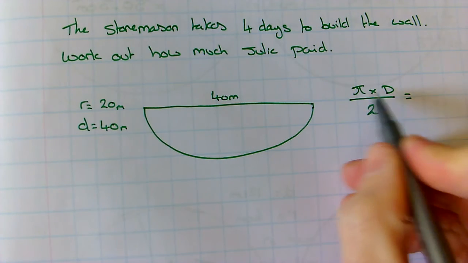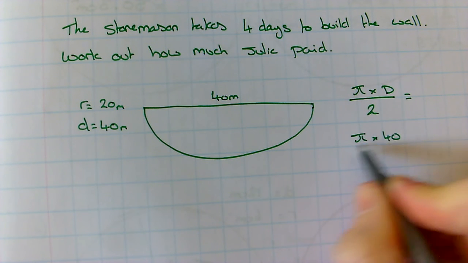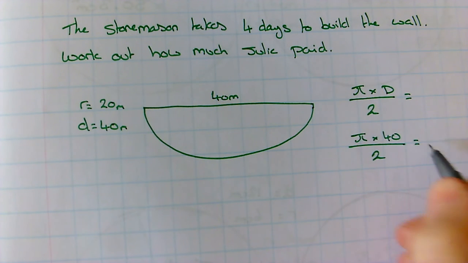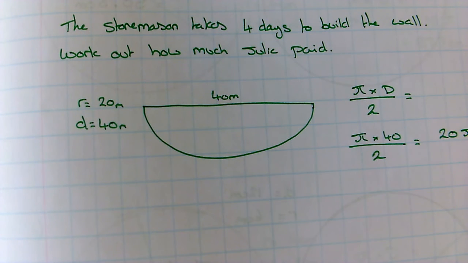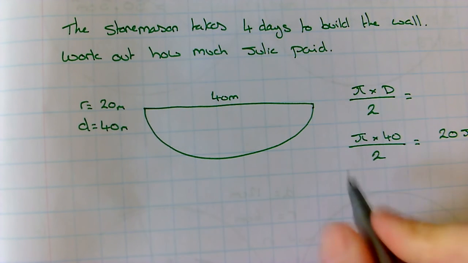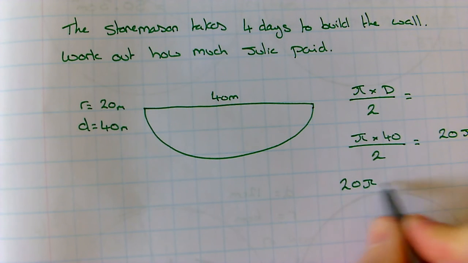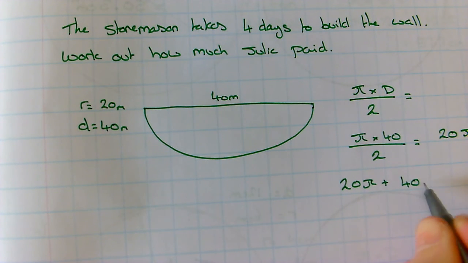Okay, so pi times d, well, this is actually going to be pi times 40 divided by 2. So pi times 40 is 40 pi, divide that by 2, that's 20 pi. So we've got 20 pi, now that's the curved bit, and we have to add 40 to that, so the distance around the edge is going to be 20 pi plus 40, because that's still part of the garden.